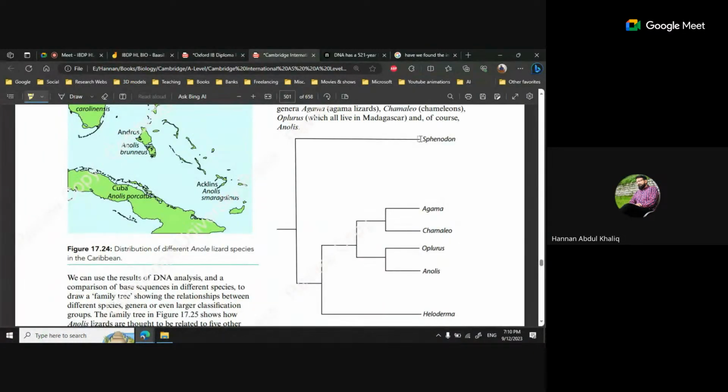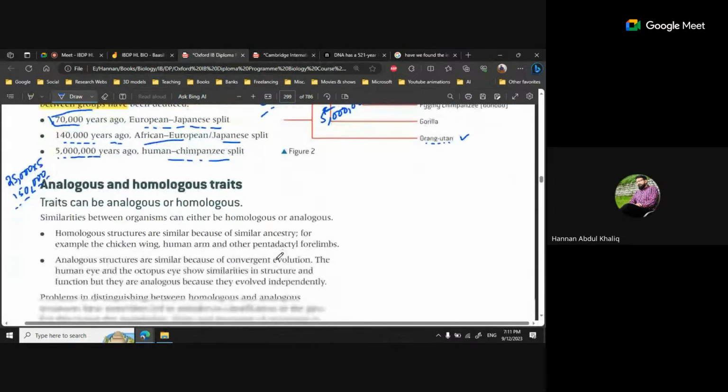These are different types of lizards, but you can see that they have put the Sphenodon and Heloderma farther away from each other compared to Agama and Chameleo and Oplurus and Anolis. Why? Because according to the molecular clock, they found that there are lesser differences in nucleotides of these lizards compared to these ones. So they created a cladogram according to this.